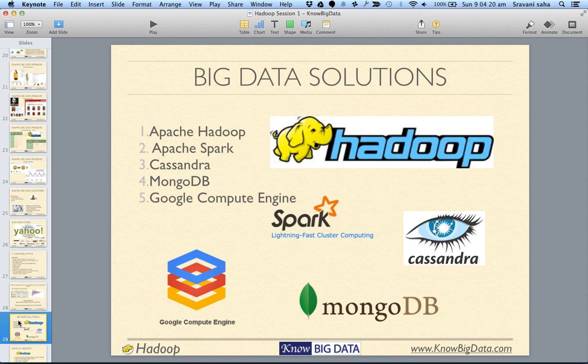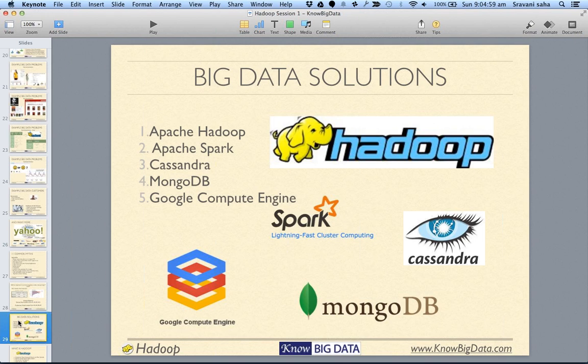Cassandra is a database which helps you do a lot of processing as well as storage on some sort of structured data. MongoDB is another one. Both Cassandra and MongoDB are considered NoSQL, but they don't compare with Hadoop because Hadoop also has a file system and also has a lot of machinery for computation and data import export.